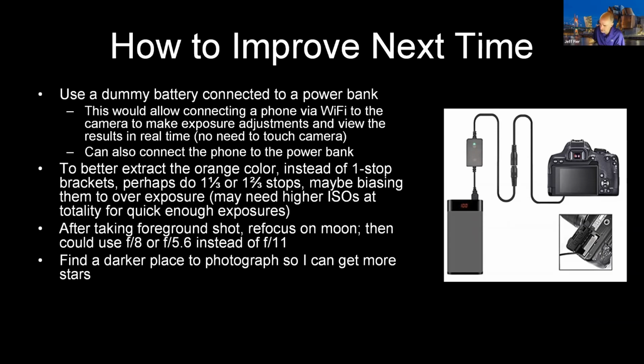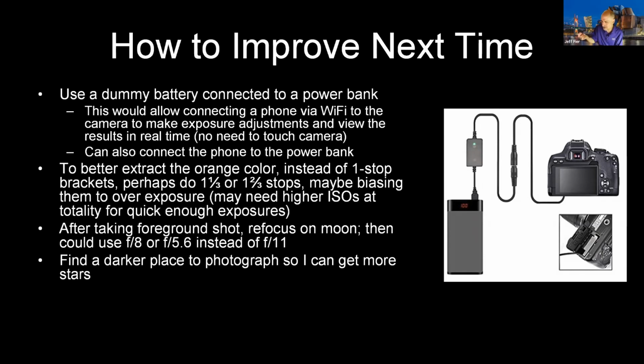But what I've discovered is there are these things called dummy batteries. I don't know what the official term for it is, but it's a battery that plugs into your camera, has a wire coming out, and then you can plug that into the wall and power your camera while you're running it. It's meant for working in studio settings and whatever. My camera is a Canon camera, and Canon makes one for the camera. But there are third-party companies that make them, and now they have versions where instead of plugging into the wall, it has a USB connection.